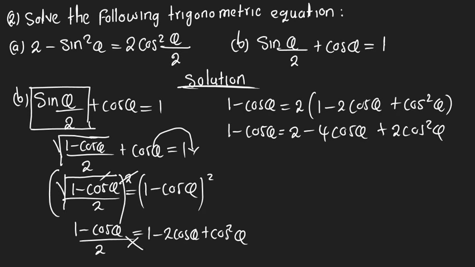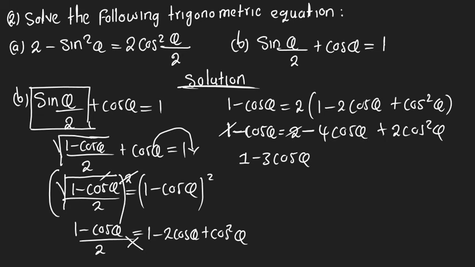Now when you reach there, look at this, guys. This is a 1, so if the 1 goes this side, it subtracts with these 2, so we're going to have a positive 1. I just want to do everything directly. This is a minus 1. If it goes this side, it will subtract with minus 4 cosine theta, so this is going to be minus 3 cosine theta.